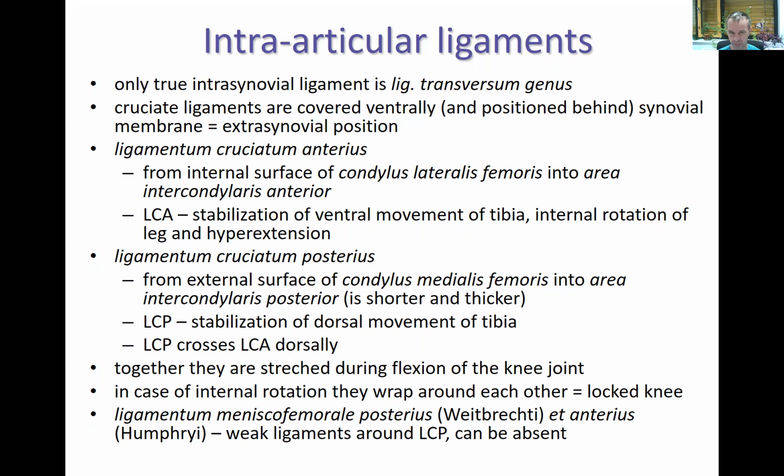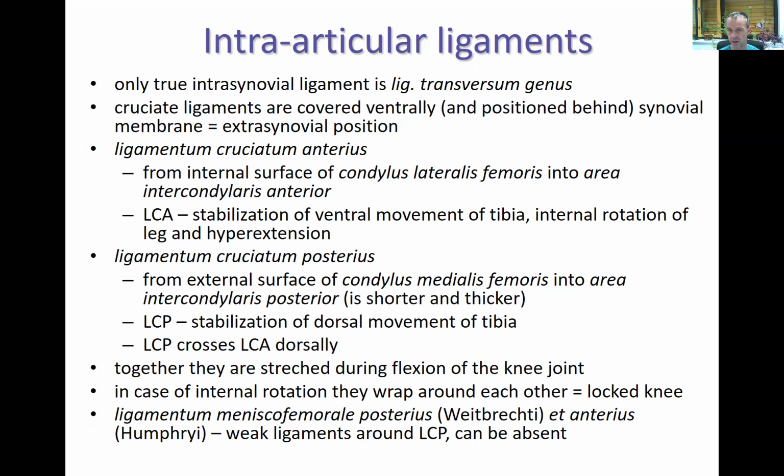The anterior cruciate ligament originates on the lateral femoral condyle on its medial surface, that means inside the intercondylar fossa, and attaches to the anterior intercondylar area.